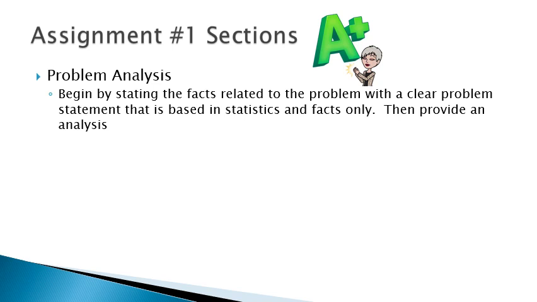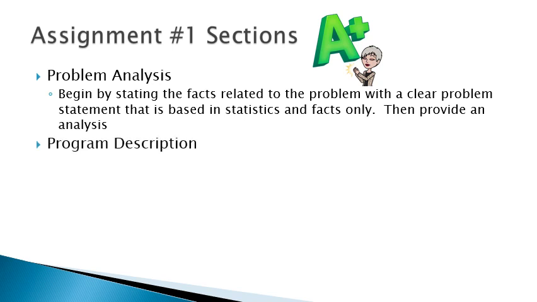Everything in the problem section needs to be past tense. Nothing is, there's a chance this could happen, or there's a risk this can happen. Nothing is future tense. Everything is just reporting on what actually happened, and you're looking for patterns and trends in that analysis.